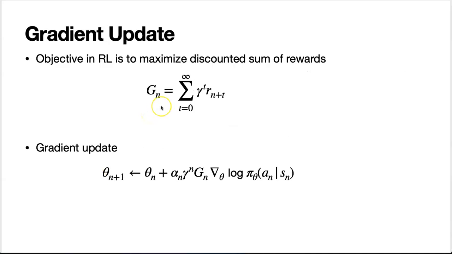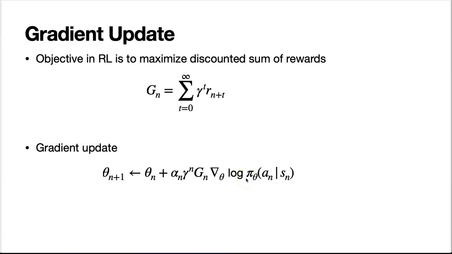The objective in reinforcement learning is to maximize a discounted sum of rewards. In this expression here, we have the Monte Carlo estimate Gn, which is the discounted sum of rewards that you will get over infinite horizons. The gradient update rule here is given by this equation. In policy gradients, the current policy is iteratively improved at every step till we reach the optimal policy pi star.